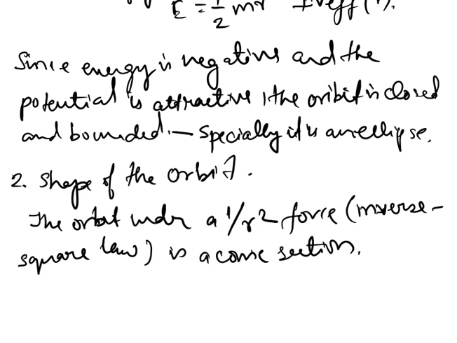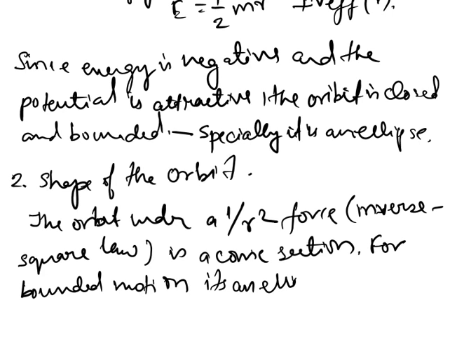For bounded motion, where the energy is negative, it is an ellipse.